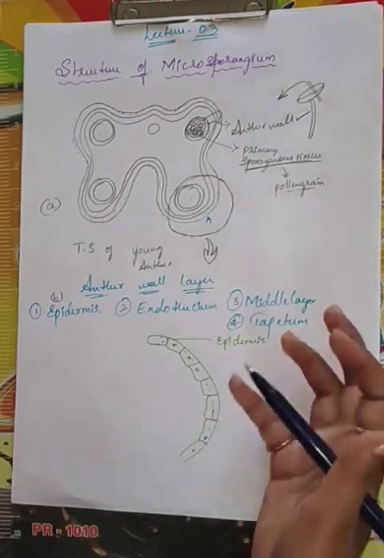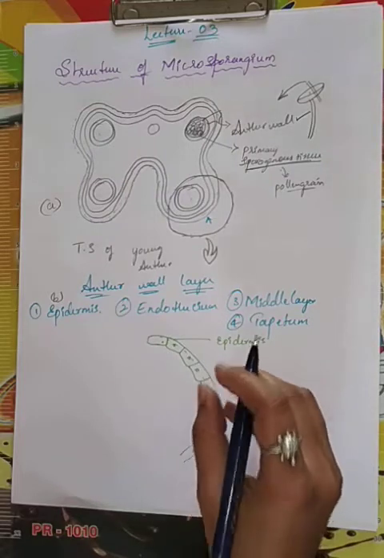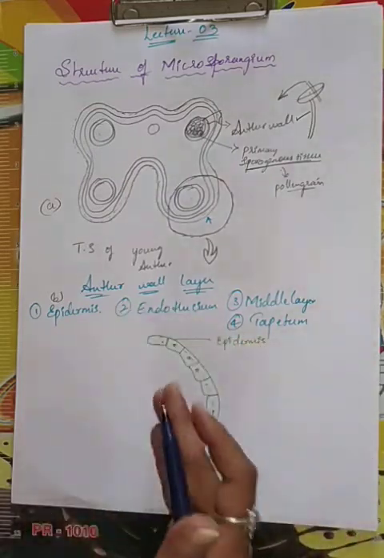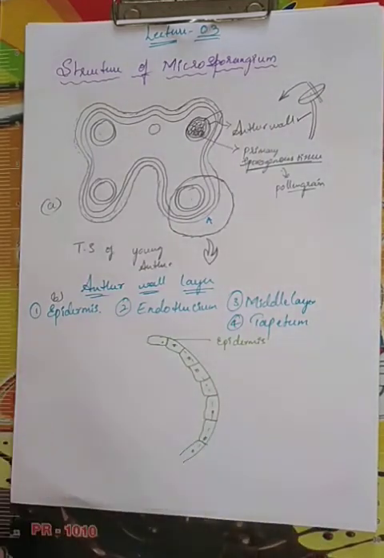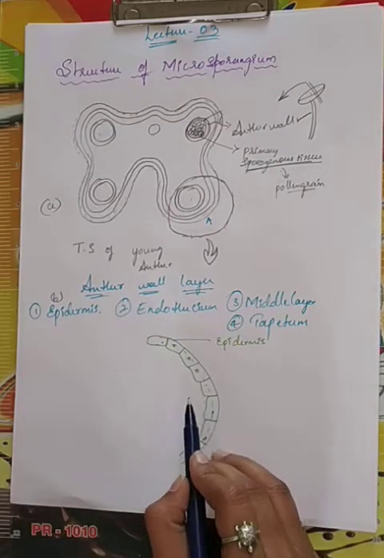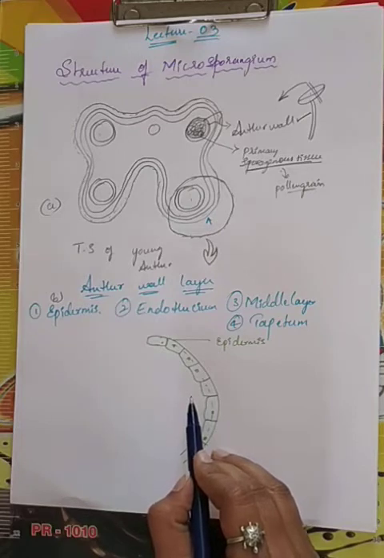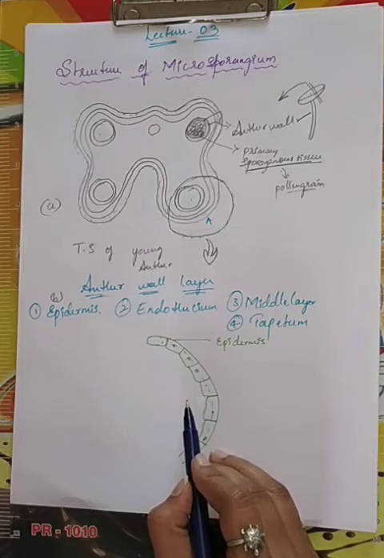And what is its function? Protection. It protects all the inner wall layers. Now next comes our endothecium. Endothecium is present just below the epidermis. It is a single-cell-thick layer.